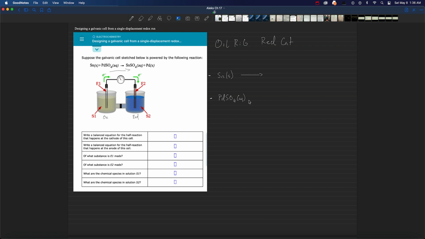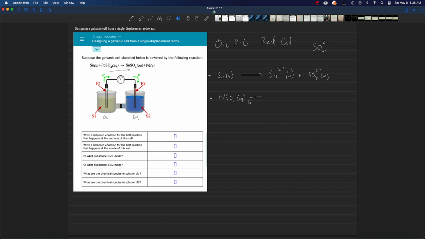We're going to break this up because in aqueous solutions, it's going to be Sn2+, because remember SO4 is the 2- sulfate ion. So it's going to be aqueous, and right next to it we're not going to worry about balancing right now. We're just focused on what the question is actually asking for.